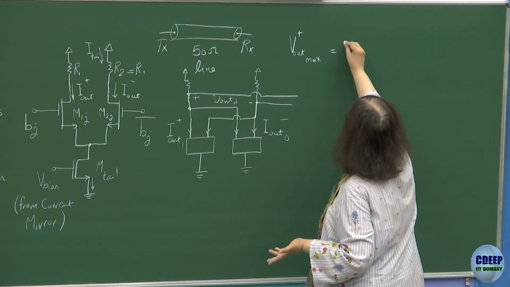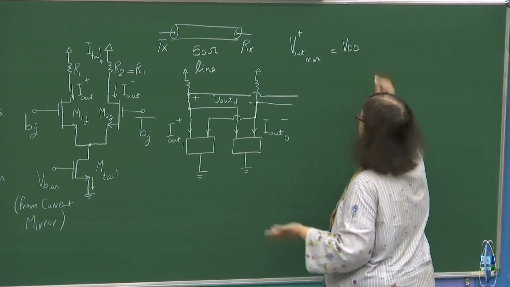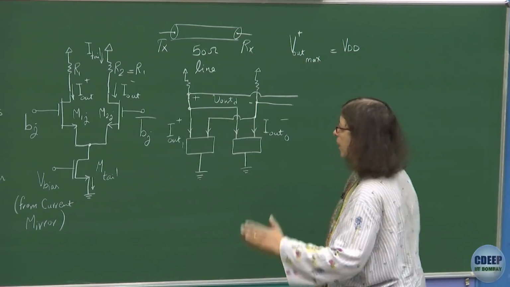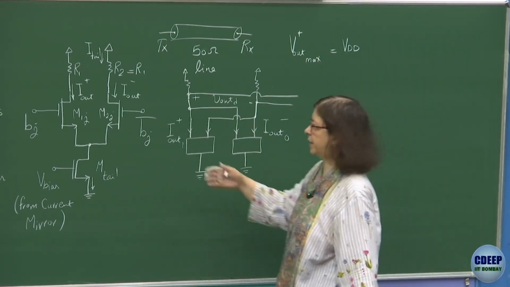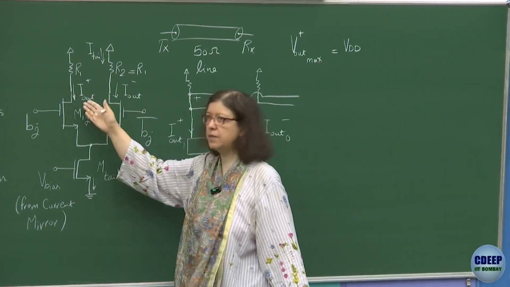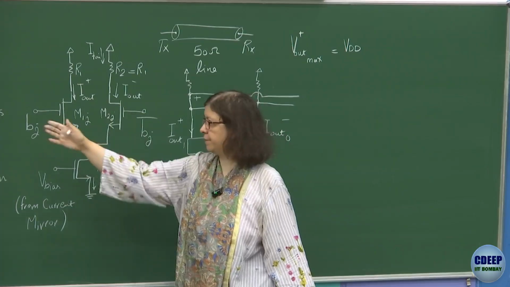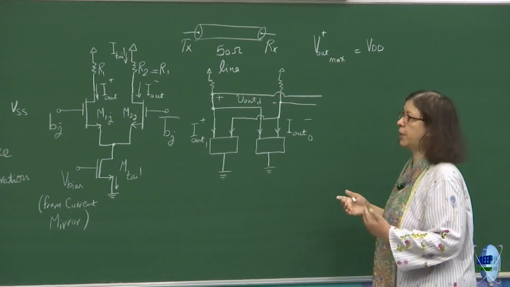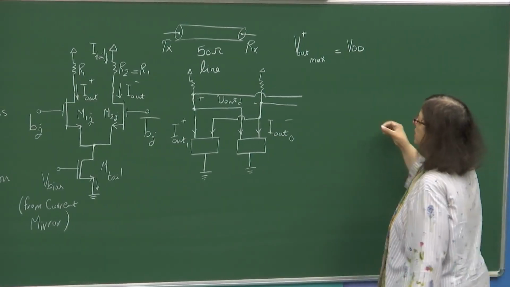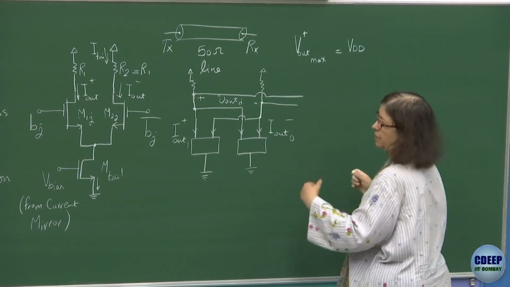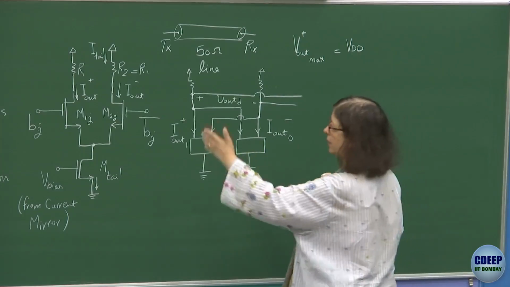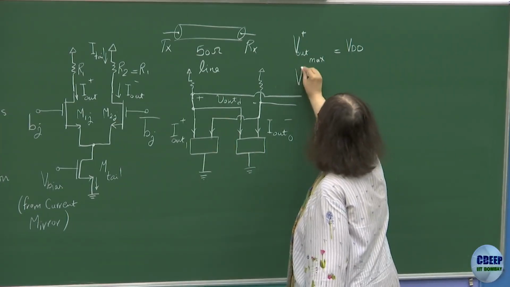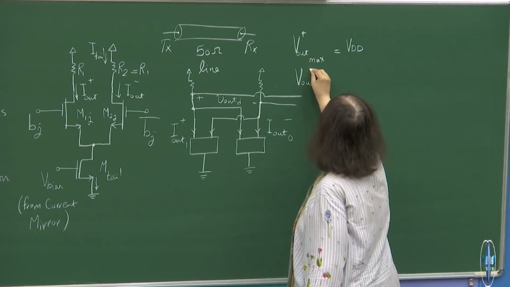So this will be, let's say, VDD, right? When no current flows, current 0. Say all bits are 0. Therefore, the current flowing through resistor R1 is 0. R1 is common, connected to all cells. But the current drawn from R2 will be maximum. Similarly, the other way around. If the Bj is 1 for all, then the current I out plus is maximum and the V out plus min will happen in that case.